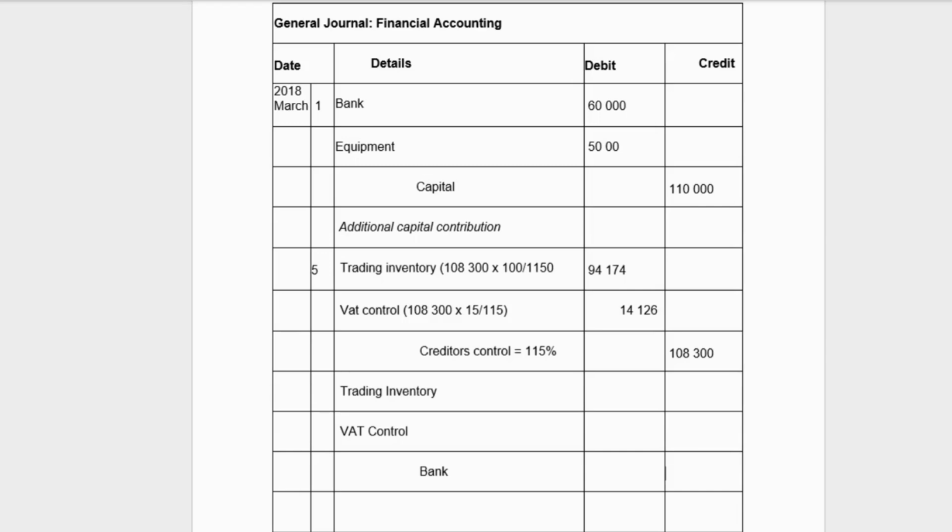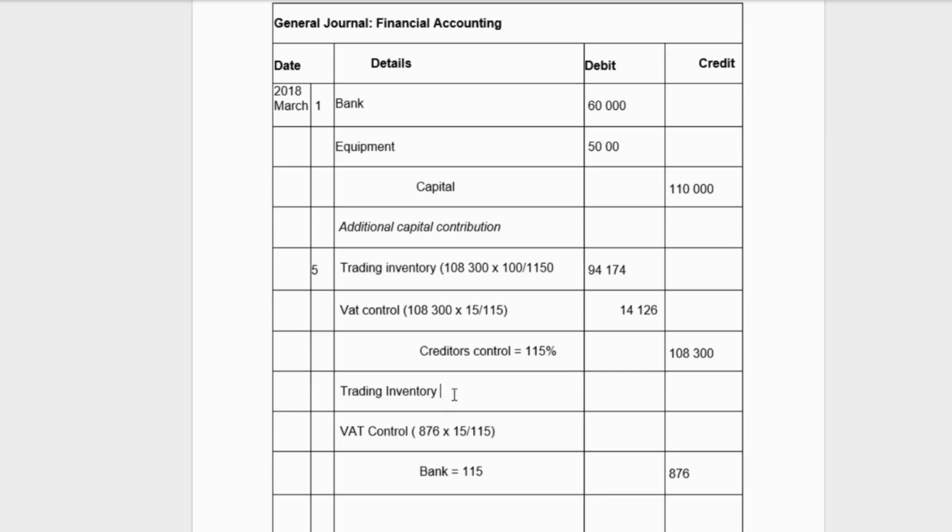So our bank is going to be the one that includes VAT, 115, which is equal to 876. Okay, and then our VAT control is going to be 876 multiplied by 15 out of 115, okay?